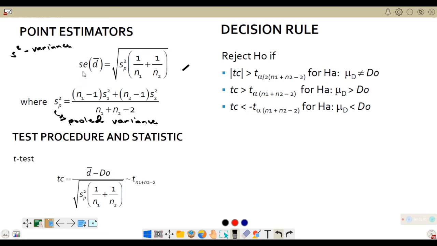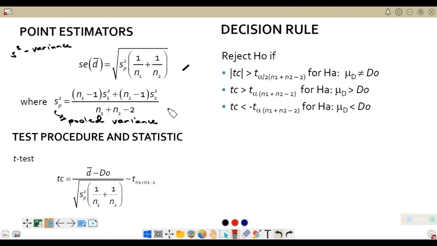So, ito yung katumbas nung dati nating formula na square root of s over n. So, we have SE of the mean difference is equal to the square root of the pooled variance times 1 over n sub 1 plus 1 over n sub 2.